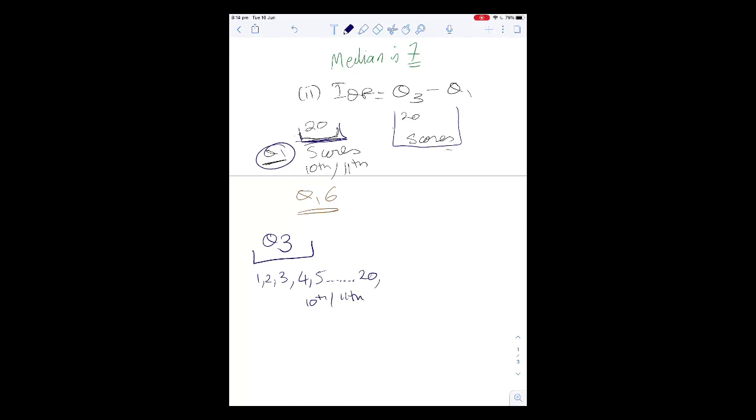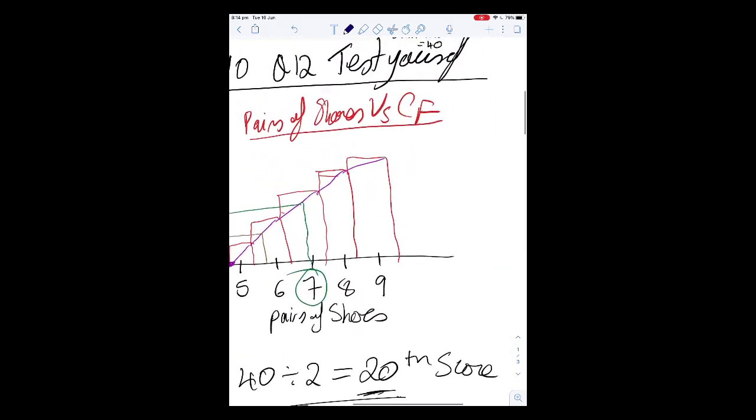Well, now we're going to go past that: 21, 22, 23, all the way up to 40. So what's halfway between 20 and 40? 30, right? But we can't, because it's even, so it's going to be the 30th score and the 31st score.